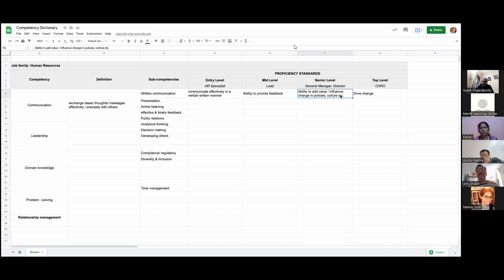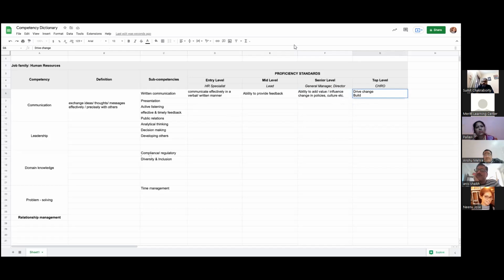And the CHRO level is to drive change and build the organization. Now, I don't know where it will sit. Build a great place to work. Where will it actually go? I think they will decide the policy, and hopefully the execution will happen down the line.